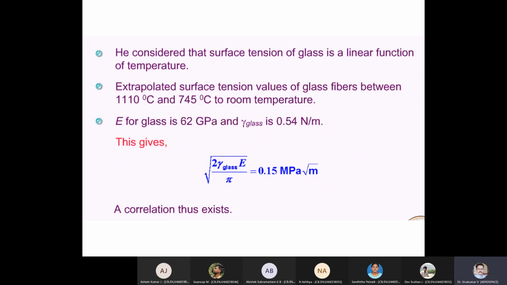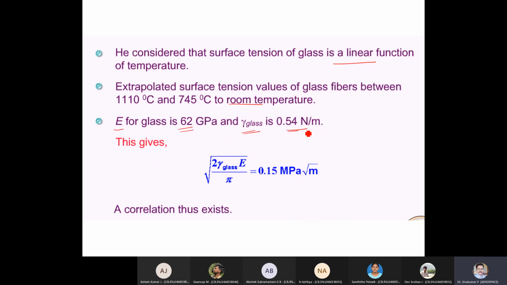How did he get it? Surface tension of glass is a linear function of temperature. Extrapolated surface tension values of glass fiber are so and so. Young's modulus for glass is 62 MPa.